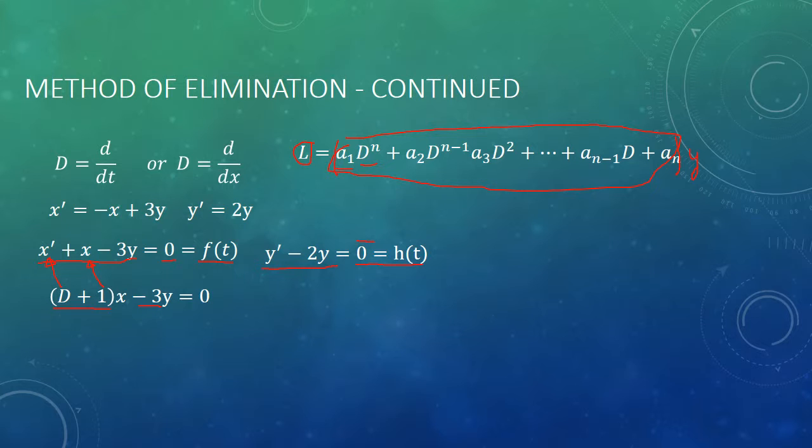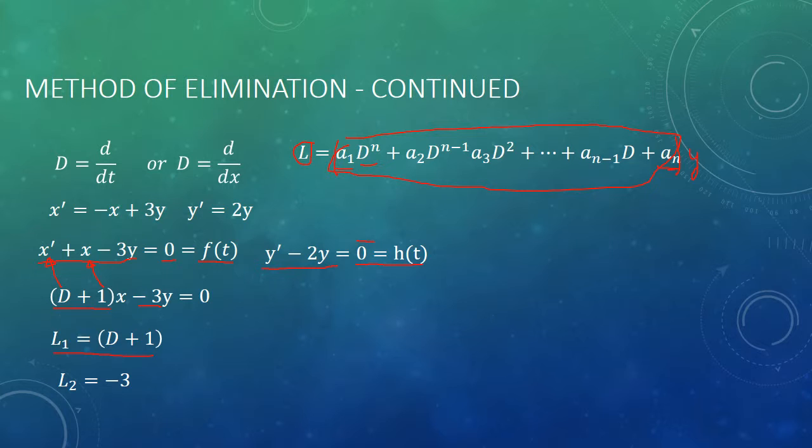I'm going to call this d plus 1 an operator called L1, and then my minus 3 is another operator called L2, and this minus 3 represents the constant a of n in our generalized representation of the operator.